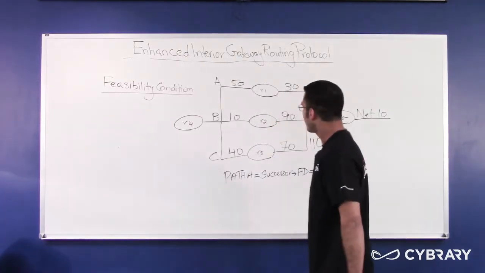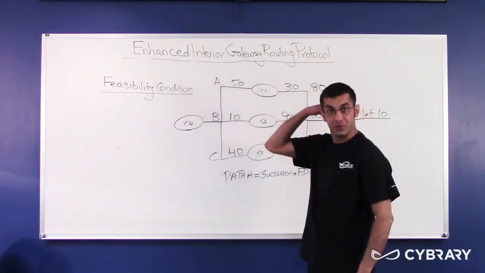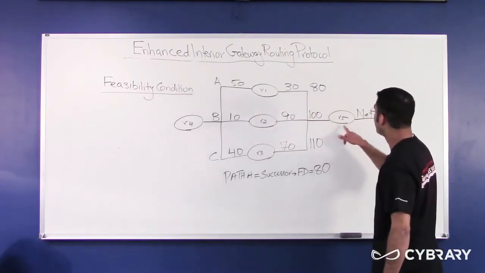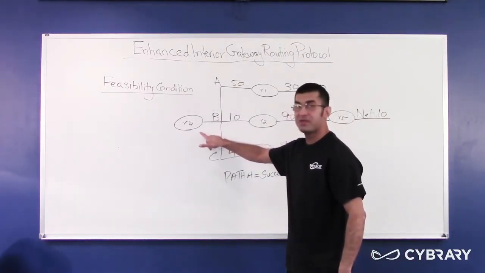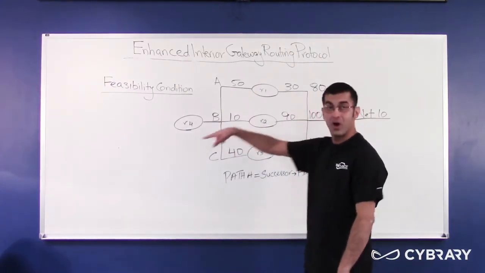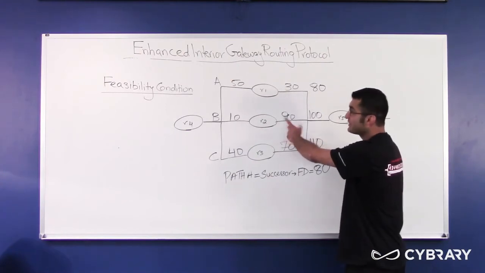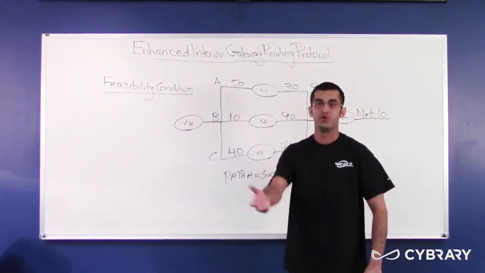Why is that? Well, in effect, router 2 is telling router 4 that it is even further from router 5 than router 4 is. Router 2 is reporting a distance of 90, basically telling router 4, actually, I'm further away from your destination than you are.